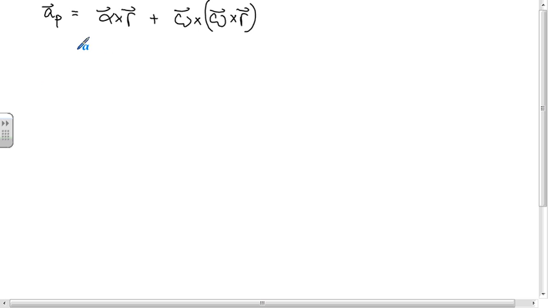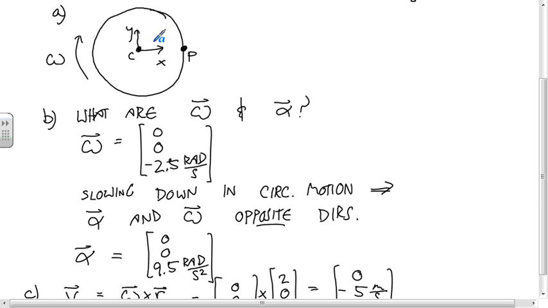Okay, so before I solve this, what would we expect from the acceleration? I mean, roughly, we can't come up with numbers or an exact direction, but what do we expect? Remember, the acceleration in a circular motion is broken up into a tangential component and a centripetal component.